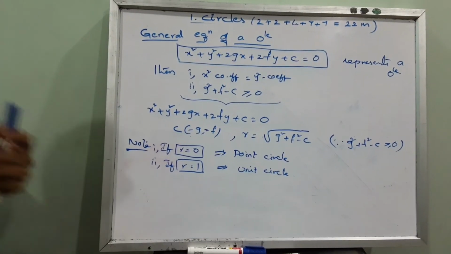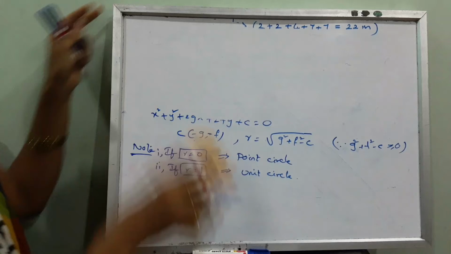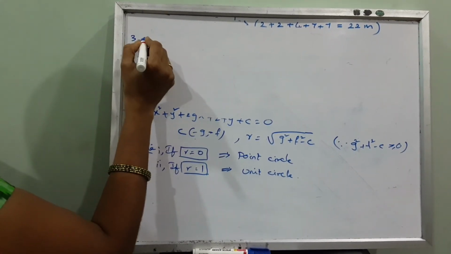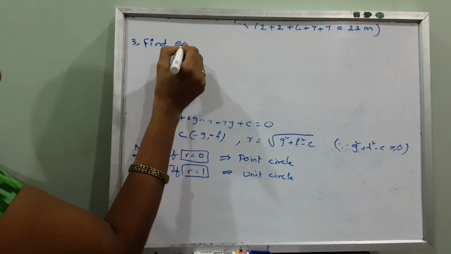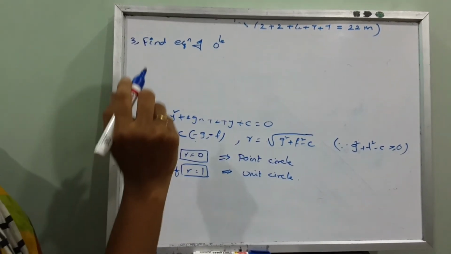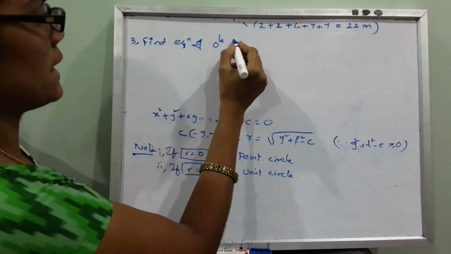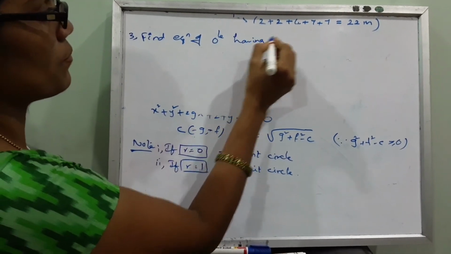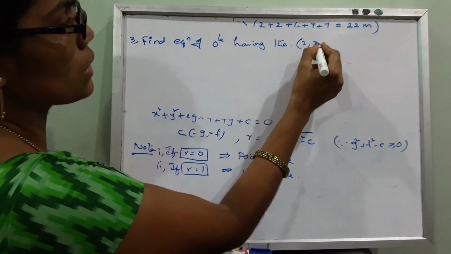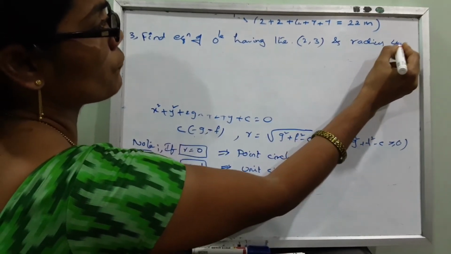Example 3. Find the equation of a circle having the center 2, 3 and the radius 4 units.